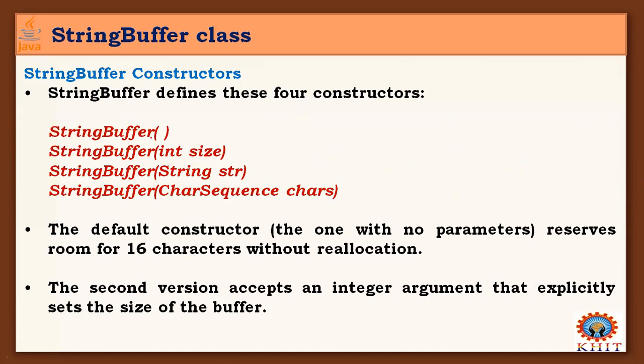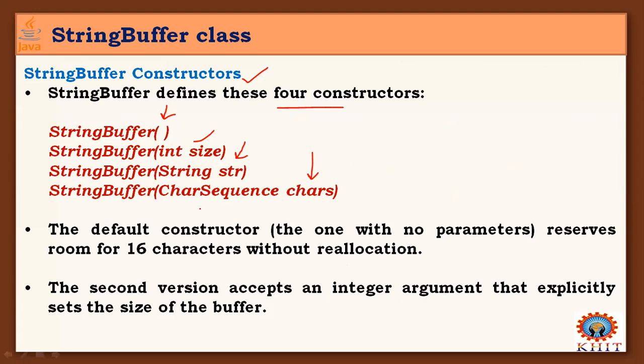And here this StringBuffer class contains several constructors, four constructors: StringBuffer with no parameters, StringBuffer with an integer specifying the size, one with a string as a parameter, and one with a character sequence.